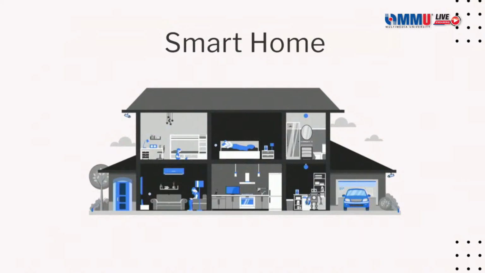In a smart home we can control electrical appliances, for example switching off the aircon or the fan through the phone, or using things like, I'm pretty sure everyone knows, Google Home. That is among the examples of IoT.